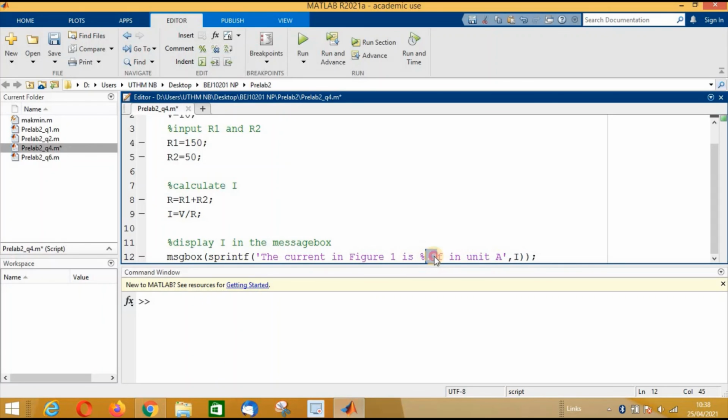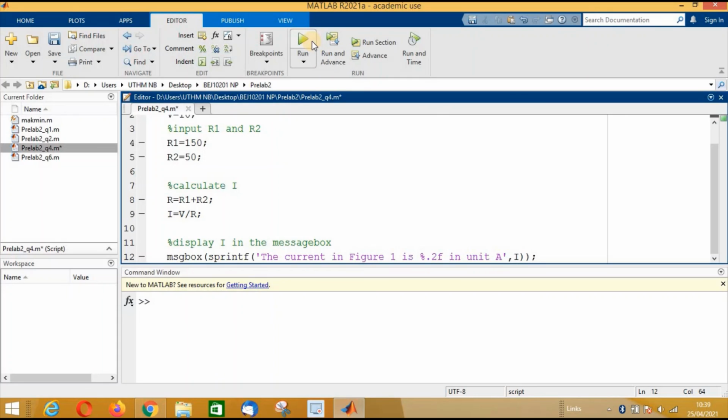In this case, I am using 0.2f, meaning that the value will be in 2 decimal number in floating point, and this is another string to indicate that the current is in unit ampere. And then for this part, okay, it will retrieve the value from I. Okay, this is the syntax in order for you to display the value in the message box.